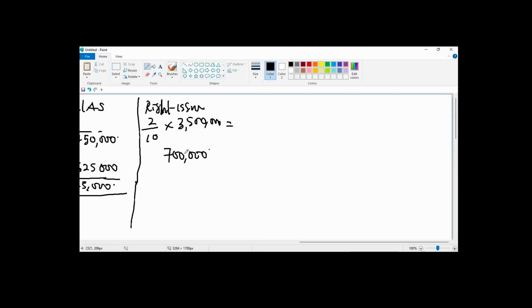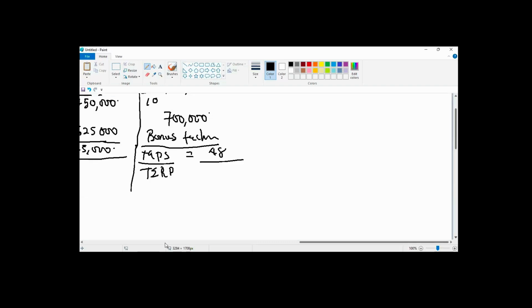I will now calculate the bonus factor, which is the market price per share over the theoretical ex-rights price. What is the market price per share they give me in the question? 48.